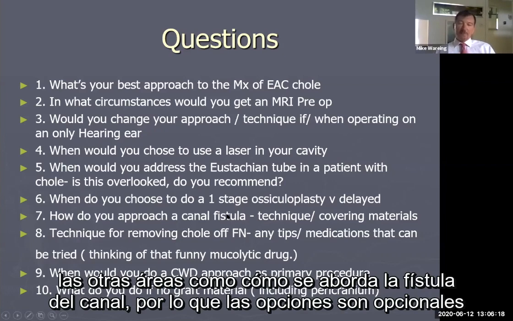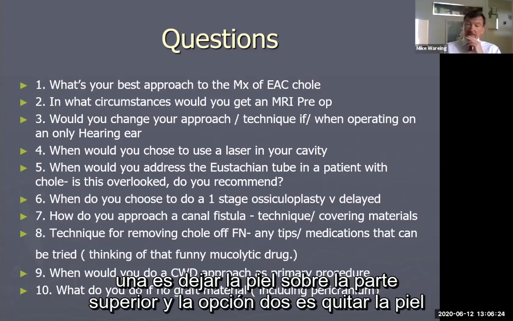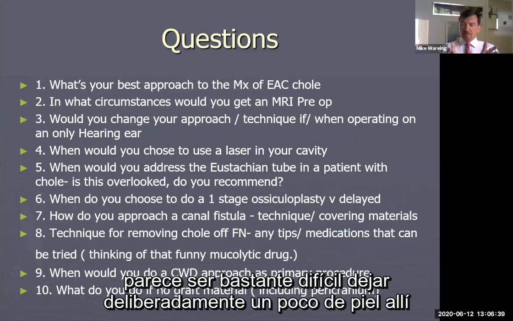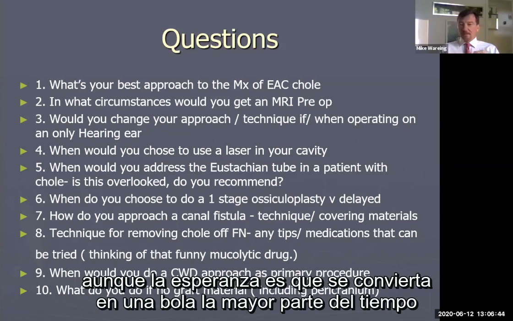How do you approach canal fistula? So the options are, option 1 is to leave skin over the top of it, and option 2 is to take the skin off. If you're doing a closed cavity, a combined approach tympanoplasty, it seems to be pretty difficult to deliberately leave some skin over there, although the hope is that it sort of rolls up into a ball.